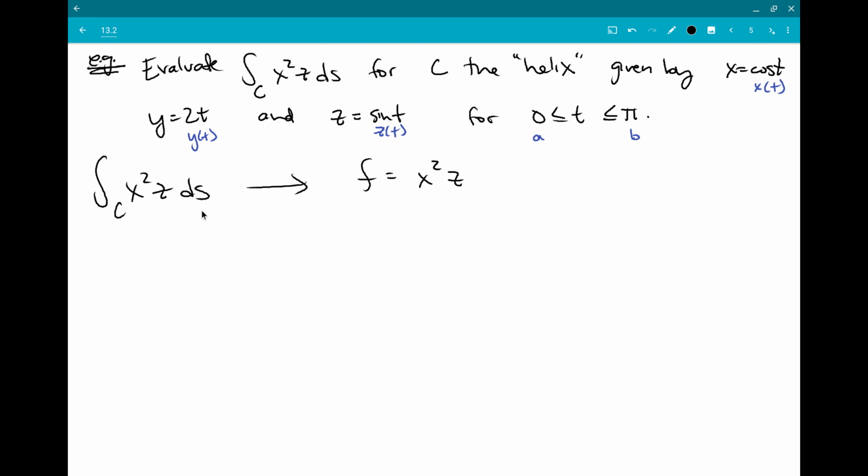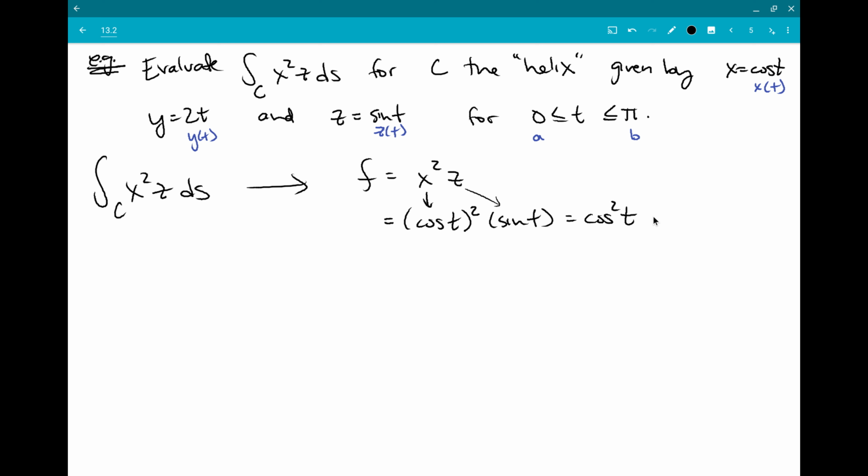And so if I look at the thing I'm supposed to evaluate, I just need to think about converting so that I have everything depend on time instead of the curve C and my variables x, y, z. I was given f equal x squared z, so I'm going to convert this so that I have my x of t here and my z of t here.